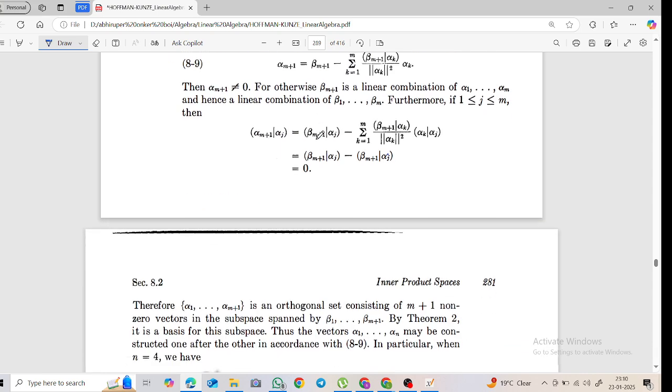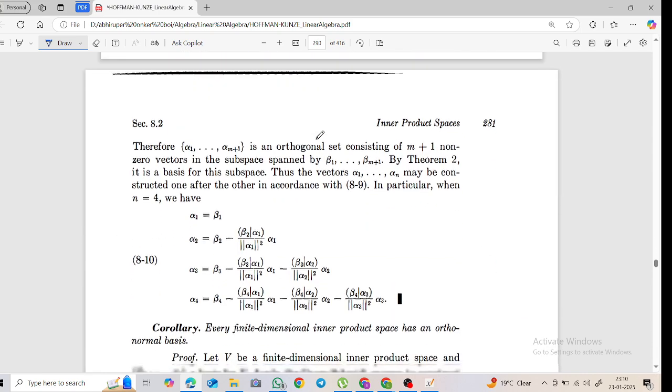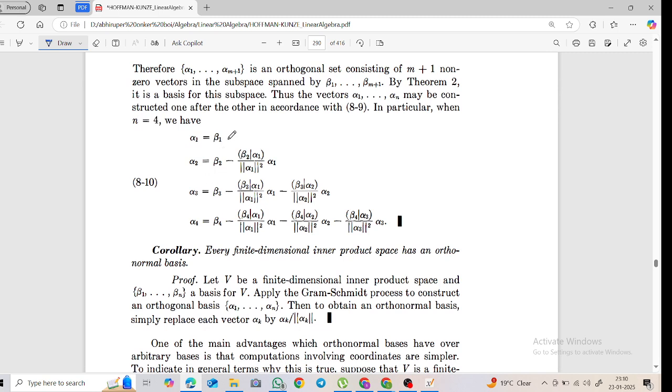We won't go into the details of the machinery because it is not needed. You see, that's what they get. This, then again this, then again this, and so on.